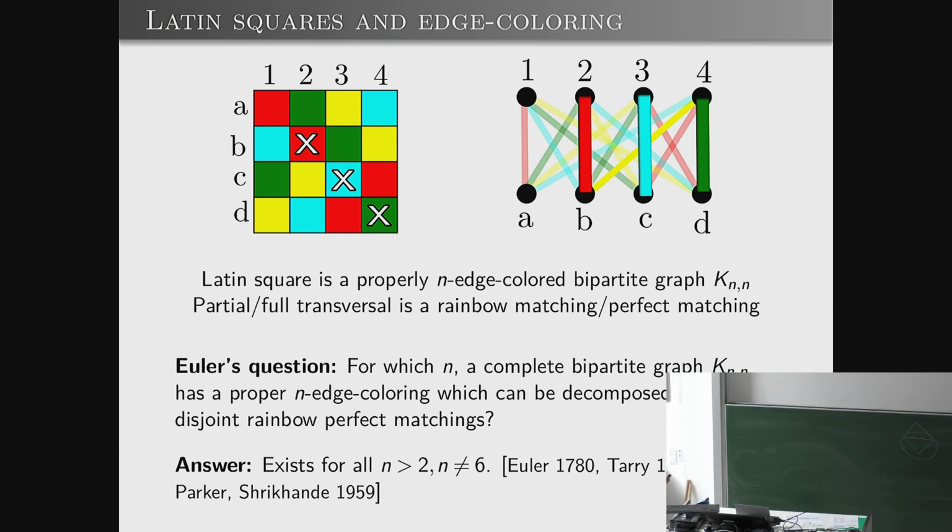But then Euler, by mistake, thought that it's a property of the number. So if your n is 2 mod 4, you never get a Latin square which can be decomposed into a disjoint union of transversals. But he was wrong, and his conjecture was disproved by Bose, Parker, and Shrikhande in 1959. Actually, it's very interesting. When they solved it, this solution made the front page of the New York Times. You can Google it and you can find the New York Times with these names and the picture.